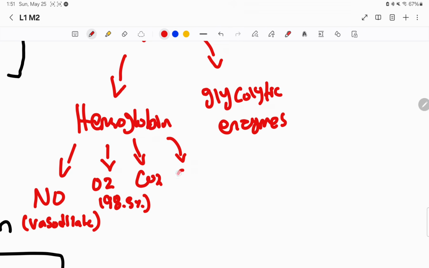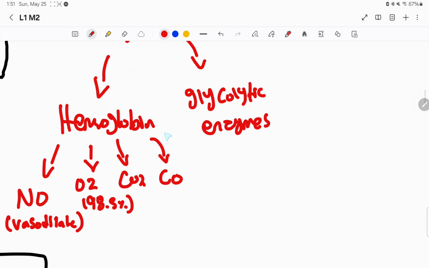In certain textbooks, you might see it called irreversible binding. That's not entirely true. It binds with a much higher affinity than oxygen, but you can still force it off of hemoglobin, right? But you don't want carbon monoxide here, obviously, because it offloads oxygen, and that means you're not going to get any oxygen to your body.